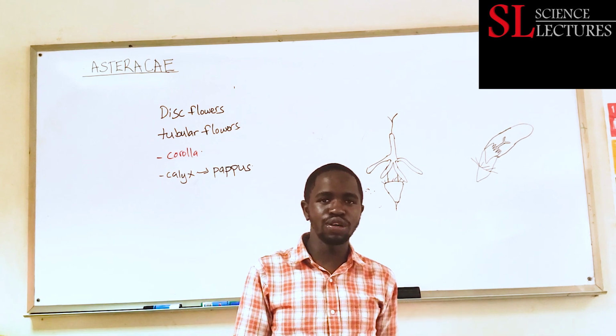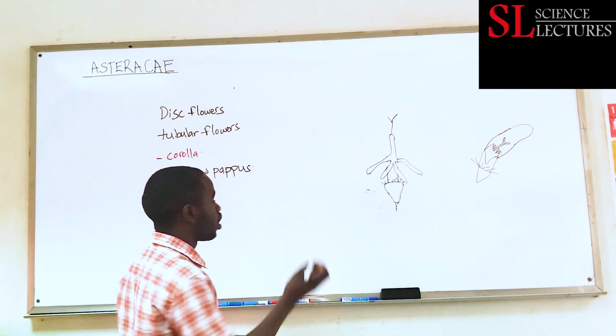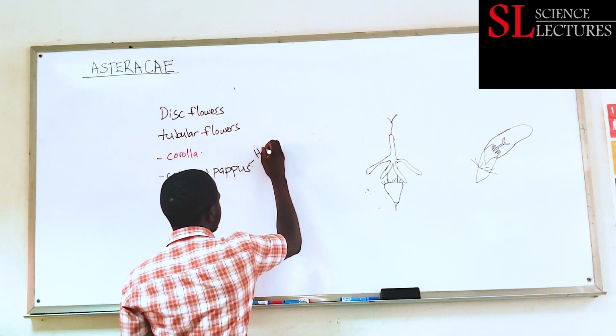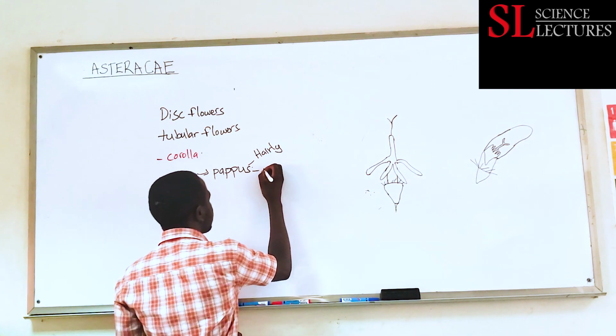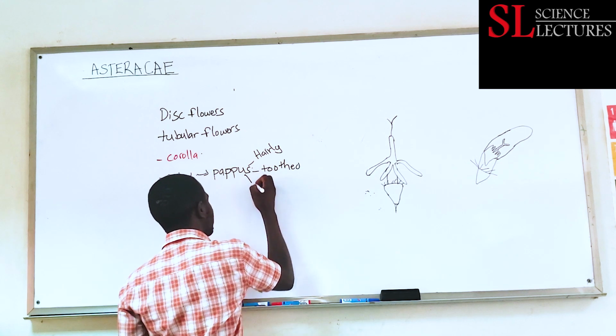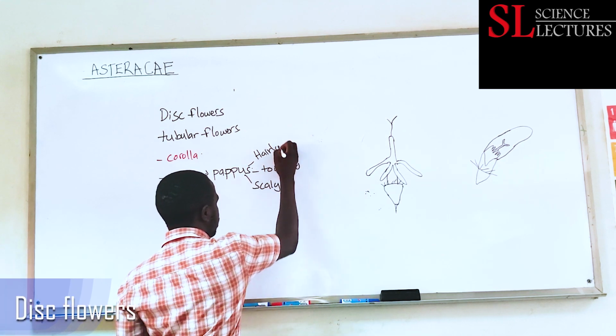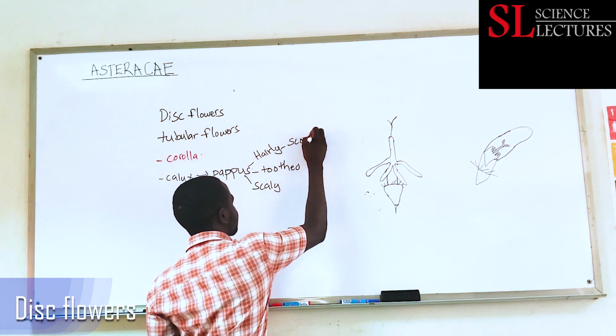And this pappus has different forms. It can be hairy, or it can be toothed, or it can be scaly. It is hairy in members of the genus Senecio.